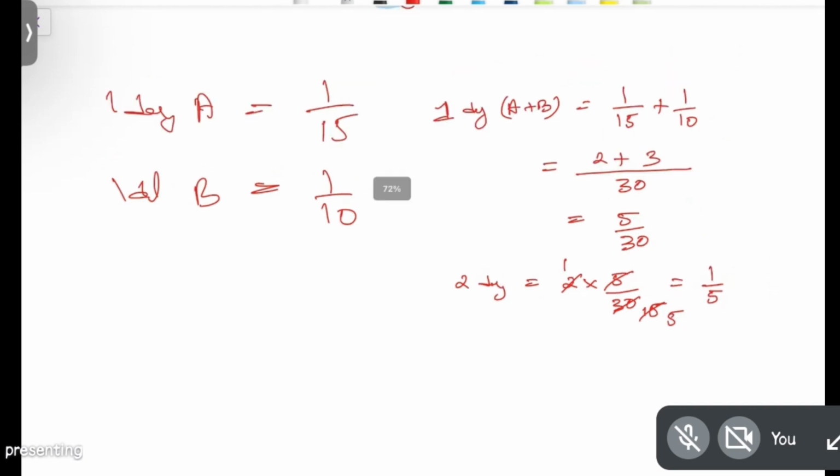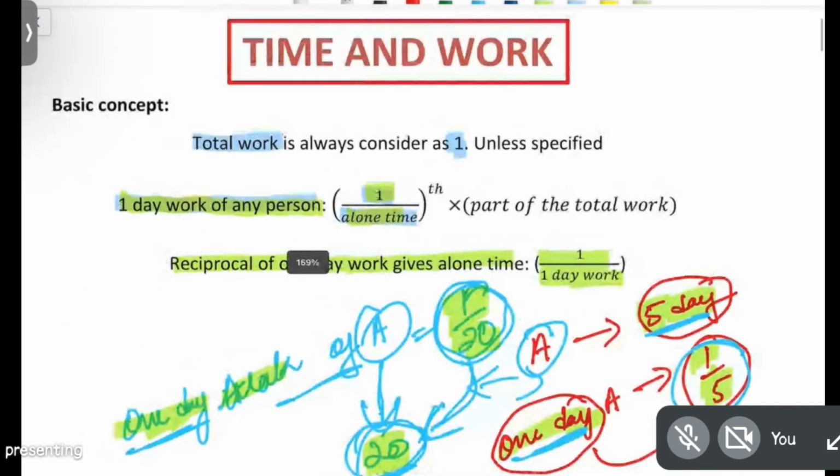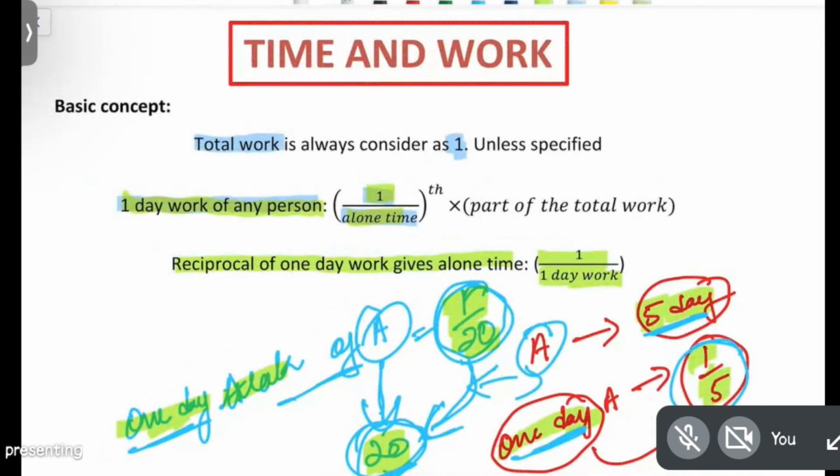I told you that we consider total work as one always, just like we used to do in probability. The 100% outcome we assume as one, right? I'll explain those things when we take those topics.